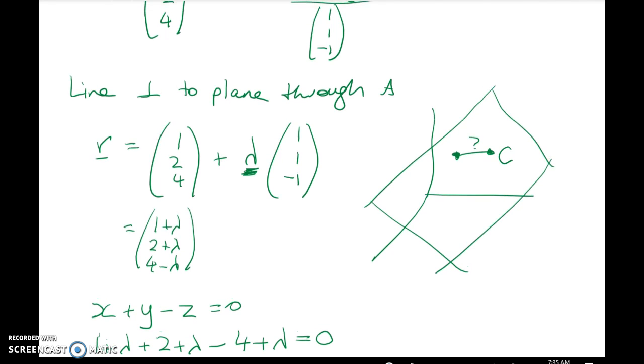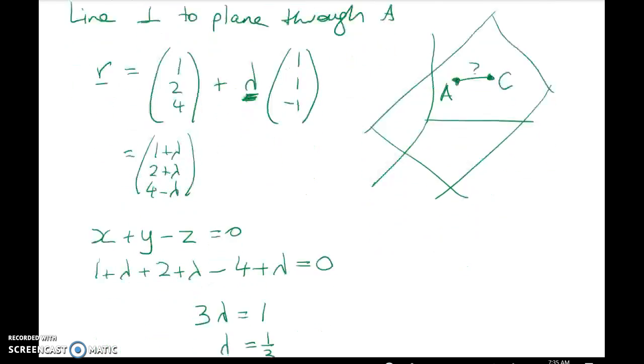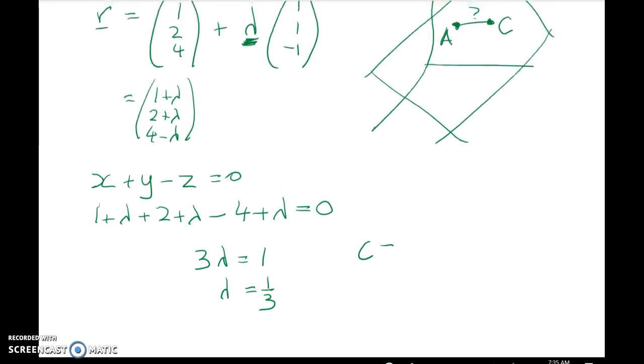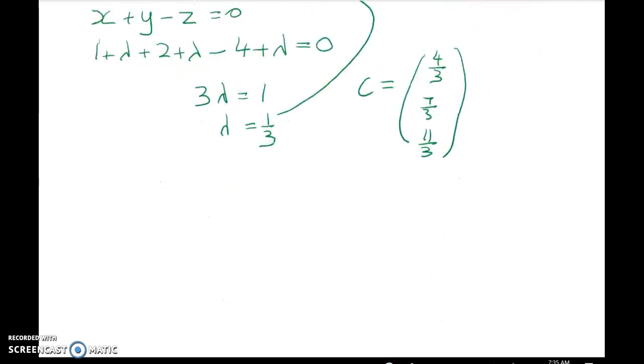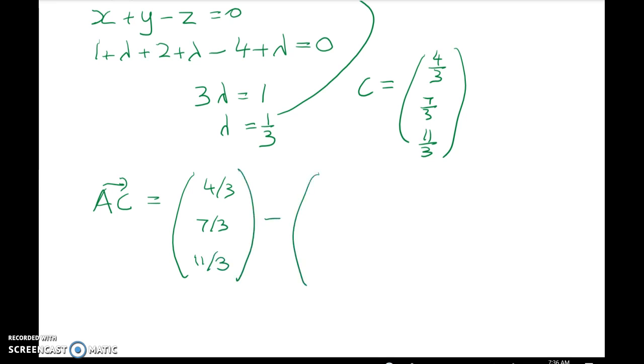So that tells me this point of intersection of the line and the plane, we'll call that C, has got the following position vector. Right, so I'm taking this now and substituting in there: 4/3, 7/3, and 11/3. All we have to do is to find the distance between A and C. So from A to C, breaking my rule of never doing a diagonal line for my fractions.